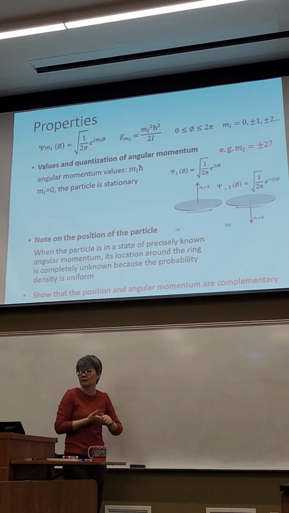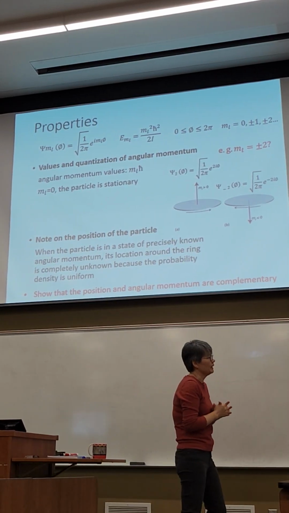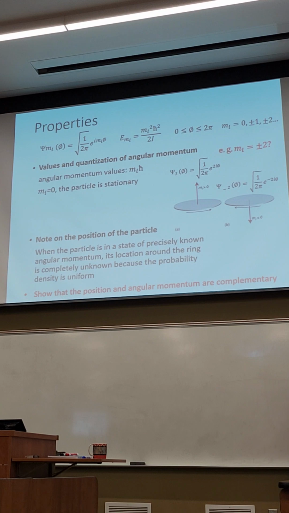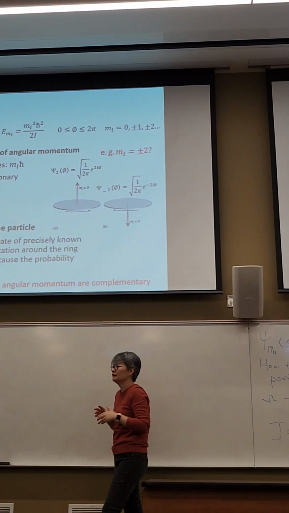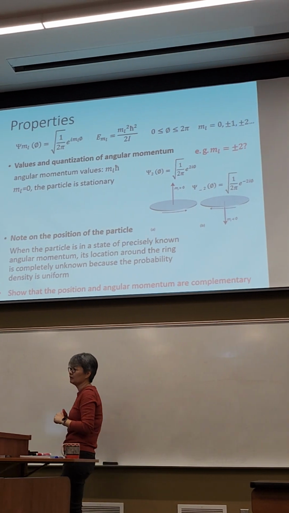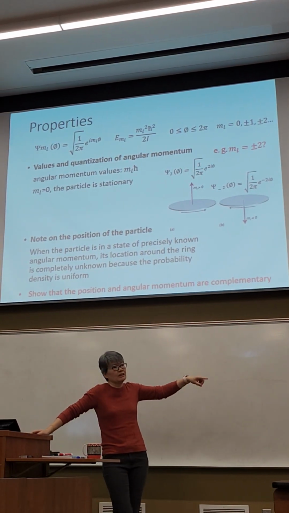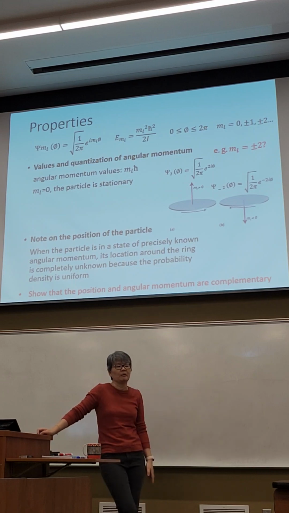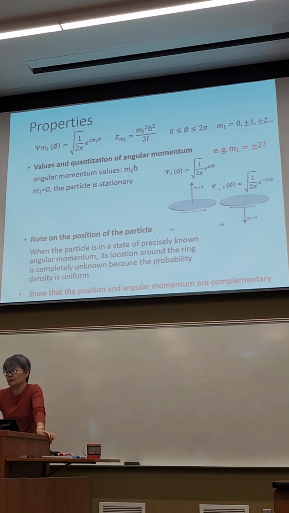This is what we just mentioned. The values and quantization of the angular momentum. That's really under the category of how we're going to determine an observable. Here, the observable associated with a rotational motion is your angular momentum. And we just derived that the angular momentum value is m sub l h bar. And when m sub l equal to 0, then the particle is stationary.